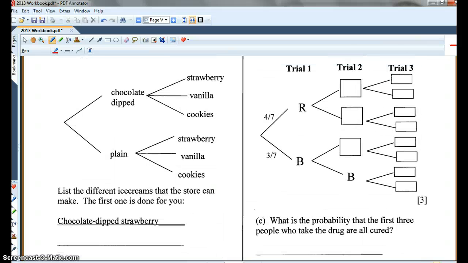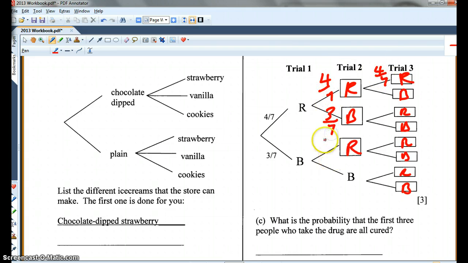Can you still do this one here? So basically that's trial 1. They're putting the marbles back in the bag, so you can still have a red or a black. So it's red, black, red, black, red, black, red, black. And then here, that's 4/7 still, doesn't change.